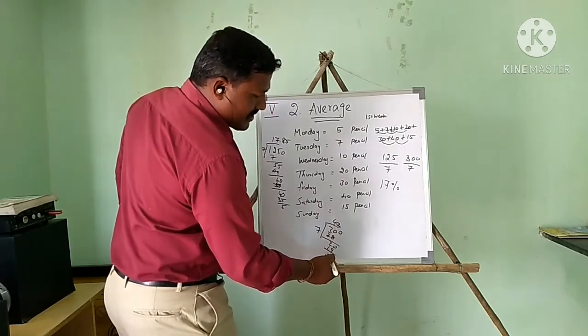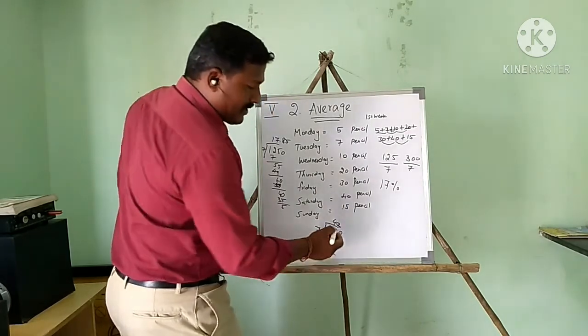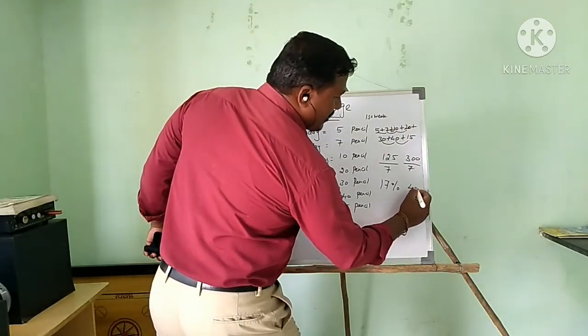So 6 means we cannot divide, so it goes on as a fractional point. So 42%. So this week 42%.